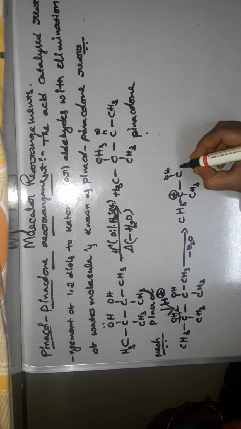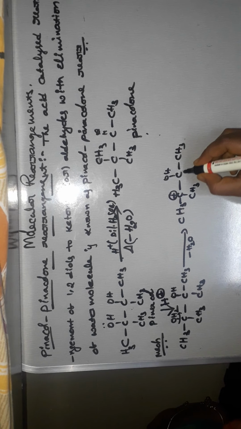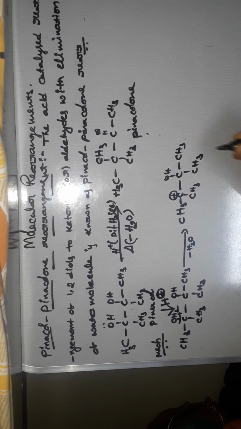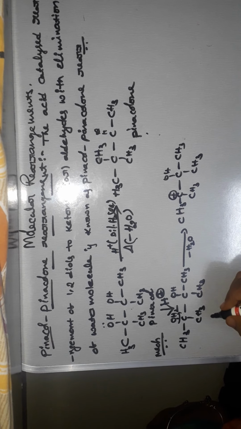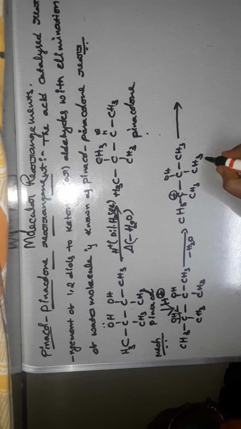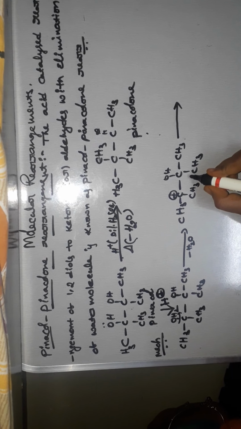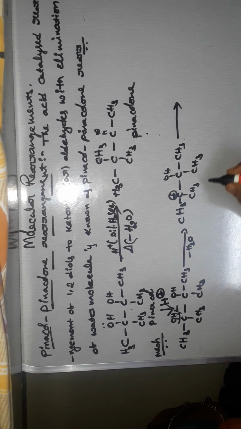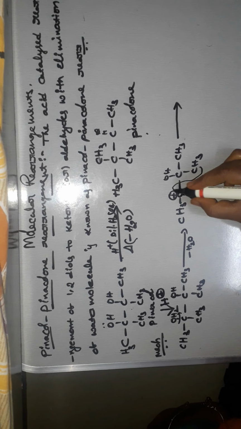OH, CH3, CH3. The next step is migration of a methyl group. This is a rearrangement reaction. Migration of this methyl group from this carbon atom to this carbon.